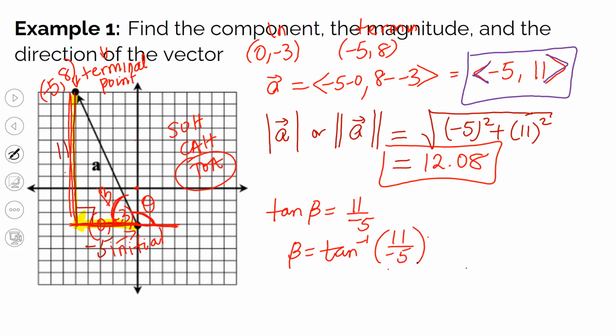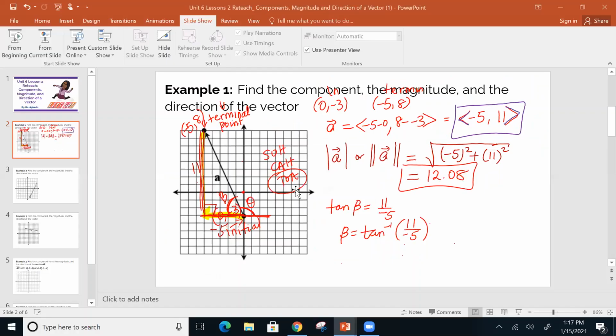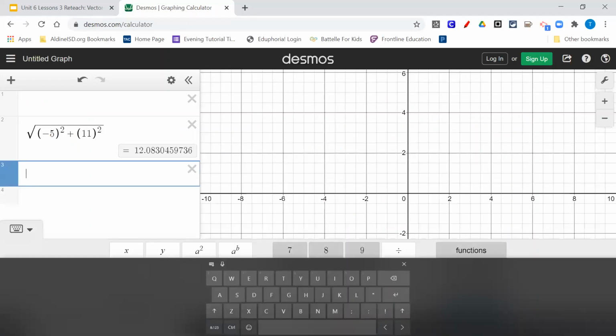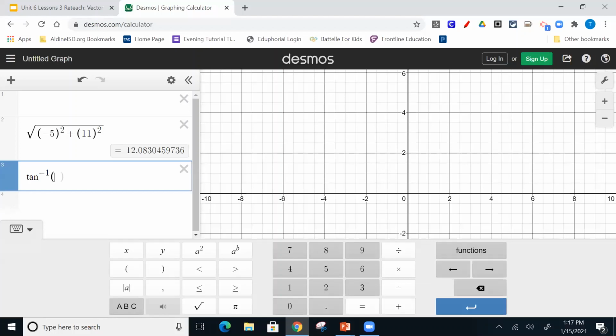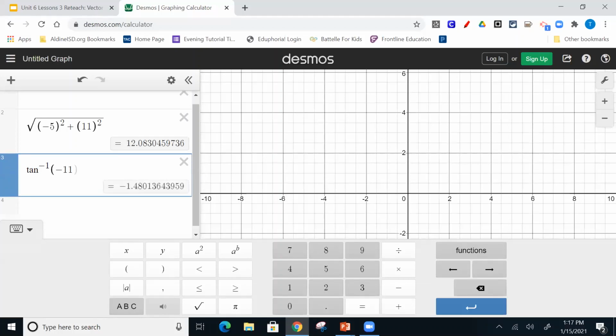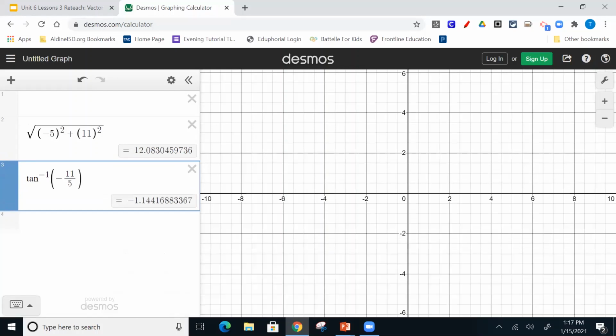So again, just go to Desmos. We want to find, on Desmos, you use the function arctan. Now we have -11 divided by 5. It doesn't matter where you put the negative. You see that my answer is kind of strange.